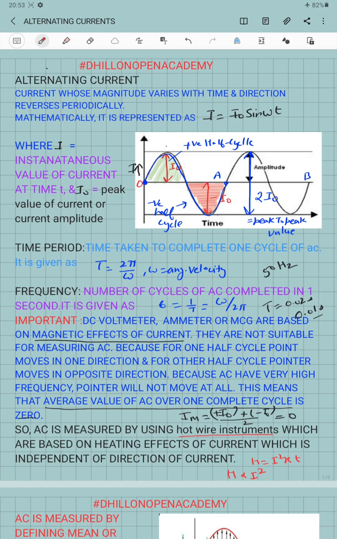In this case, the amount of heat produced no longer depends upon the direction of flow of the current. So all AC measurements are based upon the heating effects of the current. All AC ammeters and voltmeters employ this technique to measure the alternating current.